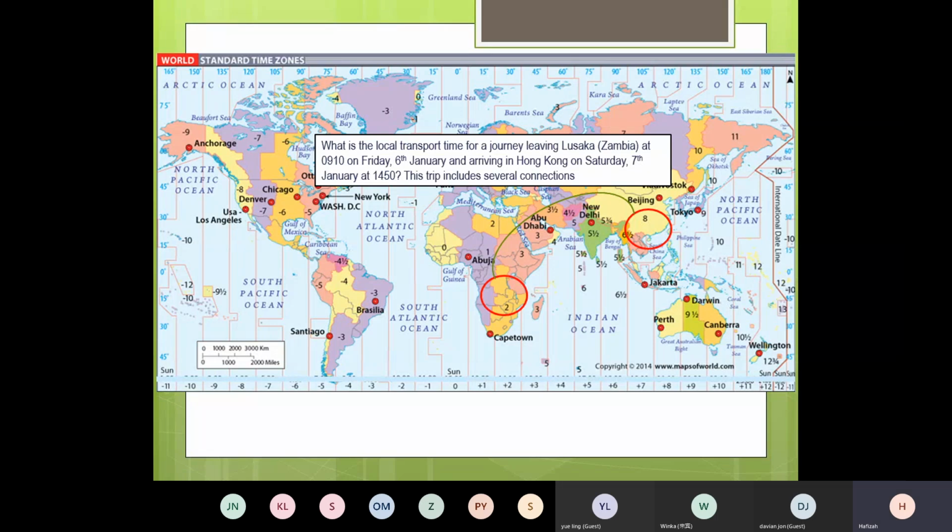It's the same thing. You find that both are in different GMT, so you need to minus or plus the GMT to get the standard time.